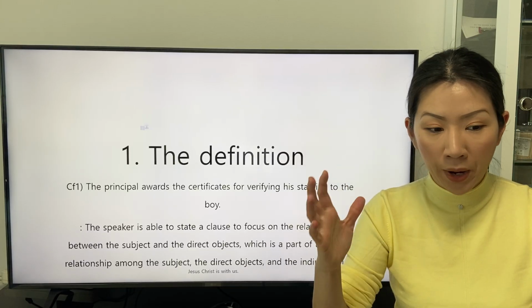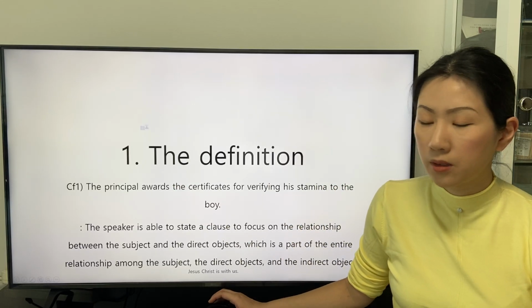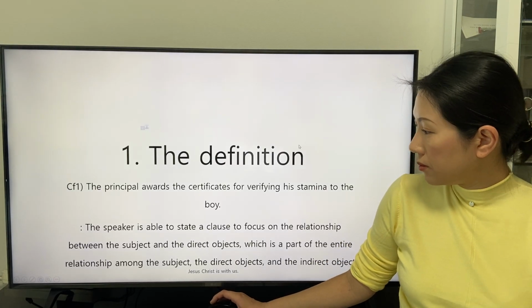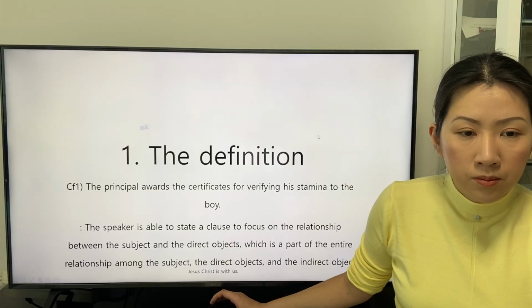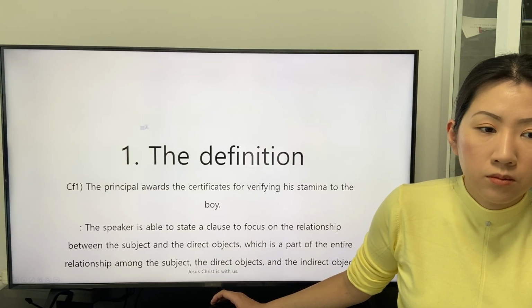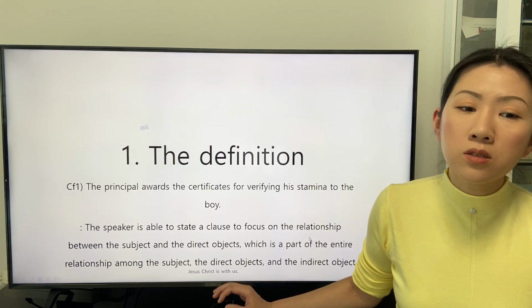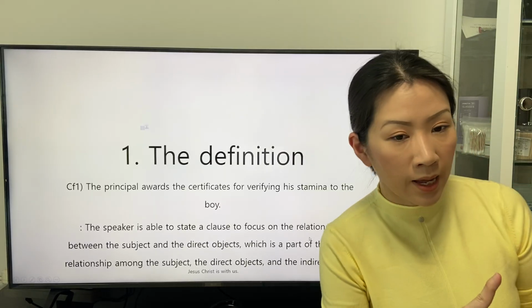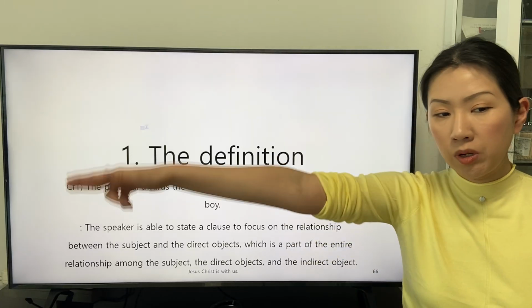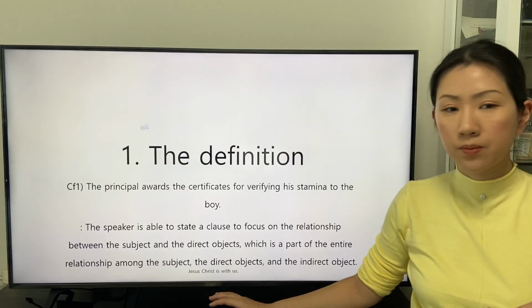We can say that the range of the statement got narrower. The speaker is able to state a clause to focus on the relationship between the subject and the direct object, which is a part of the entire relationship among the subject, direct object, and the indirect object, the boy.